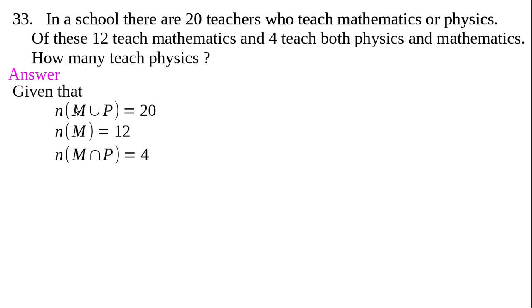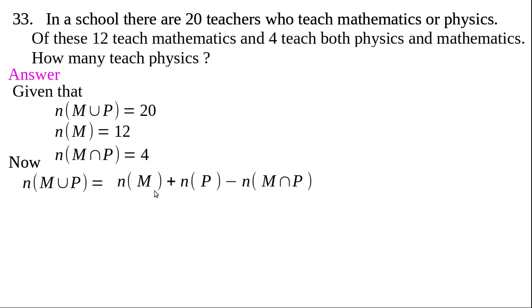Now we want to find number of teachers who teach physics. For that, we use the formula number of M union P is equal to number of M plus number of P minus number of M intersection P. We know number of M union P is equal to 20. That is equal to number of M 12, number of P that we want to find, and number of M intersection P is equal to 4.